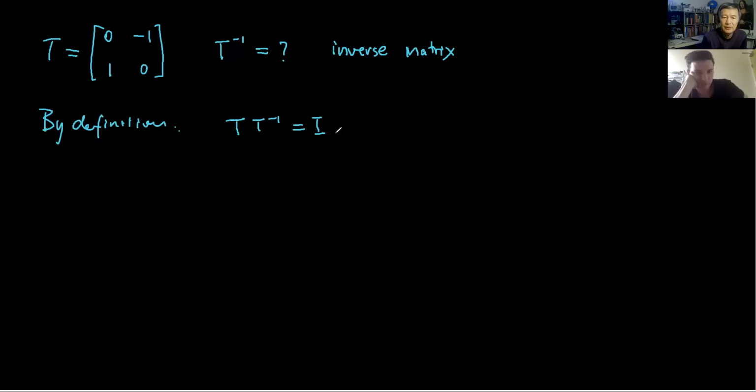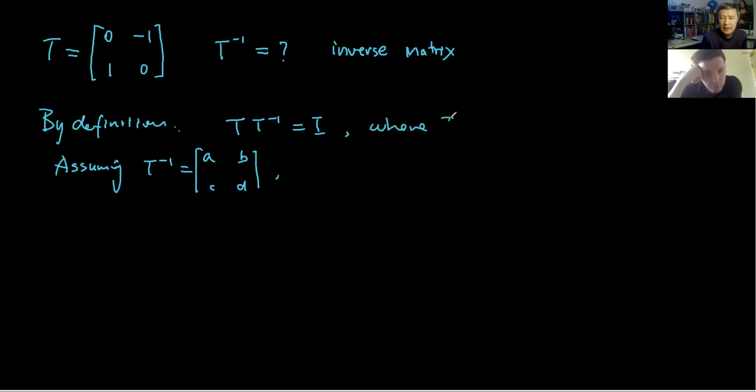Can we just assume the inverse is equal to A, B, C, D, 4 elements? Okay, so we have T here, and I is the identity, 1, 1.